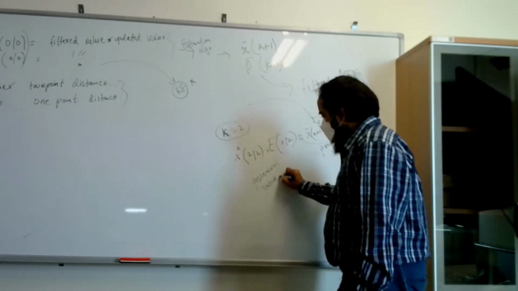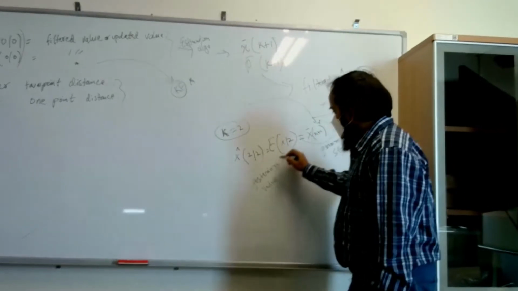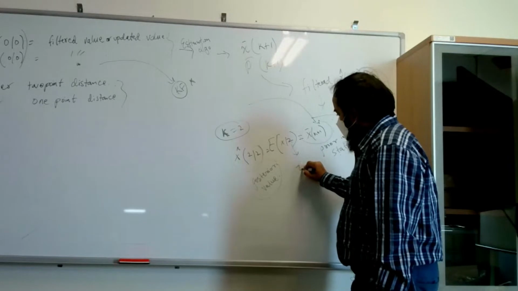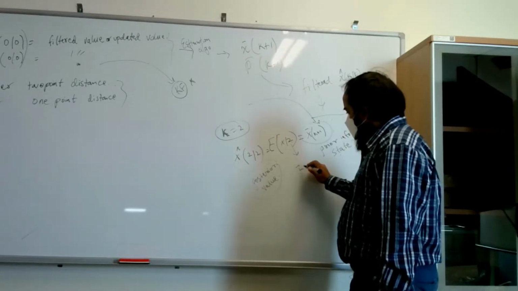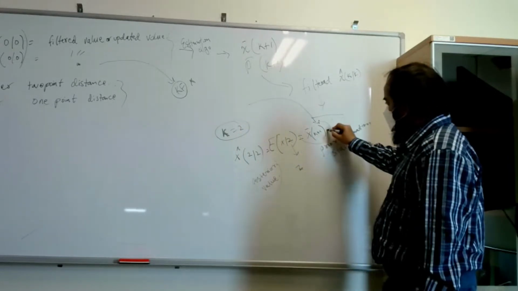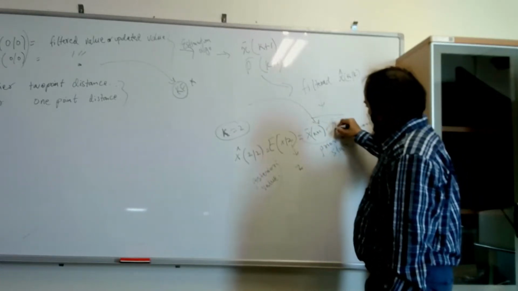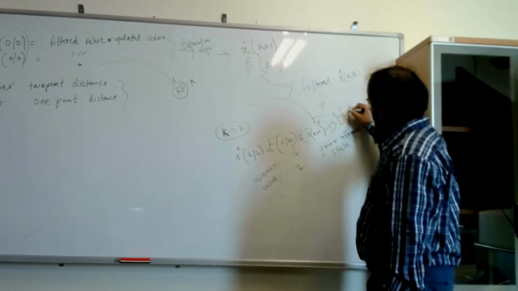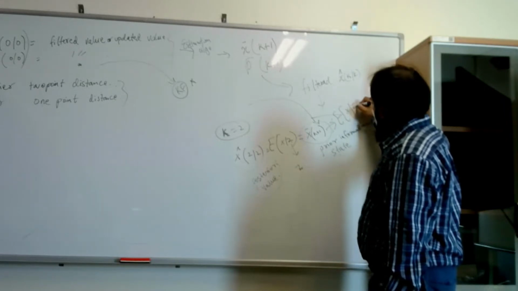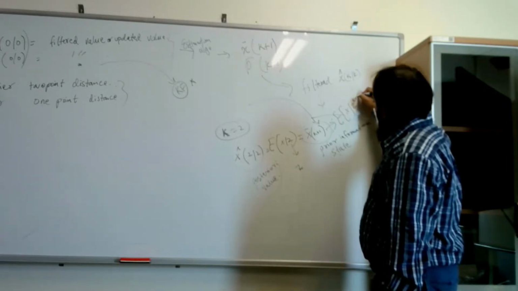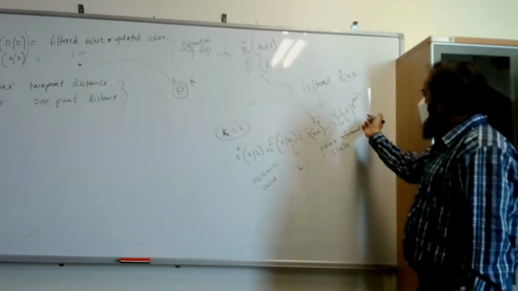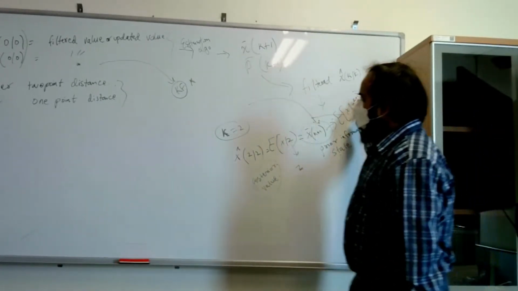This value is calculated based on the current scan z. This value is calculated based on the expectation of x and z k plus 1, meaning z k plus 1 is the previous measurement.